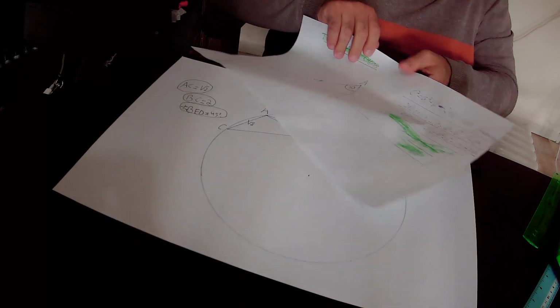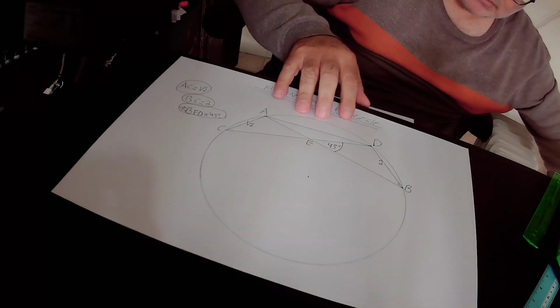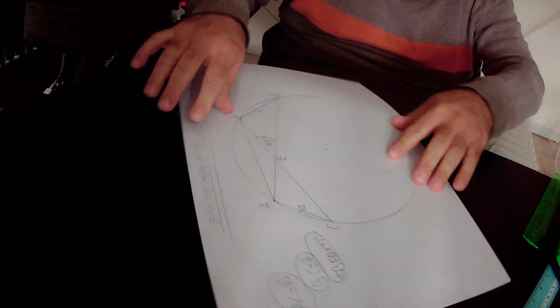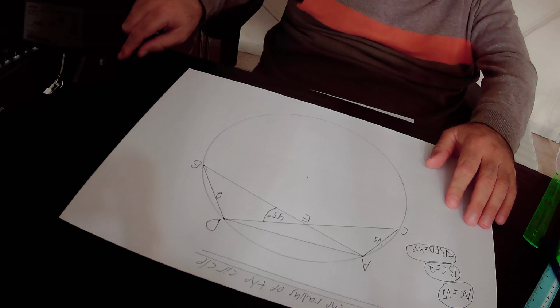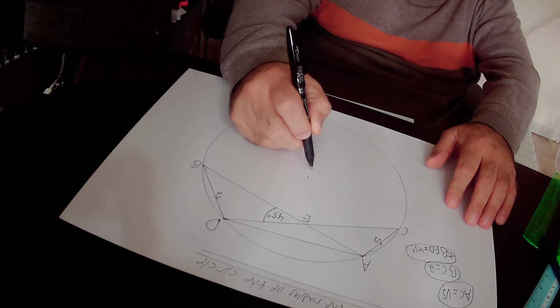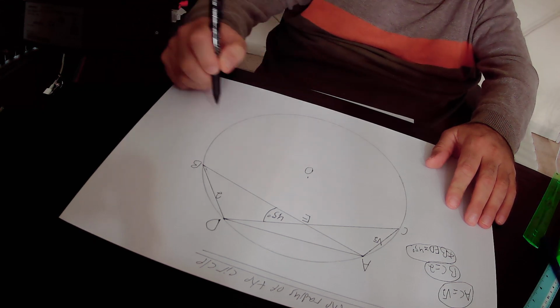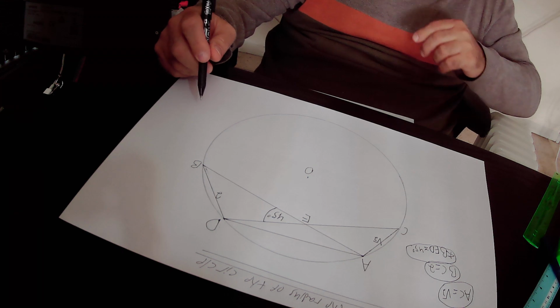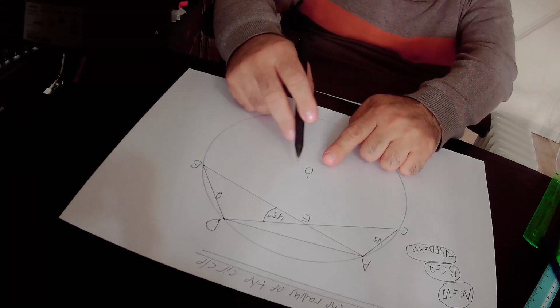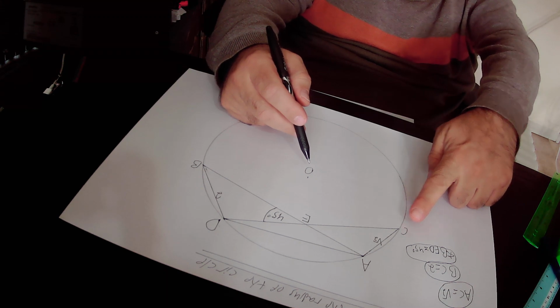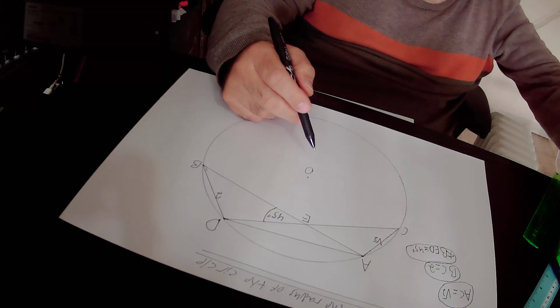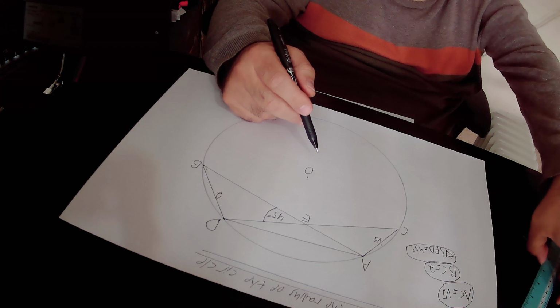Okay. So in the next step, we will define the center of this circle, this point, as O. We join points O and B, points O and D, points O and A, points O and C by a straight line.